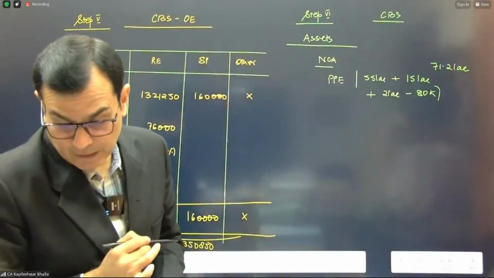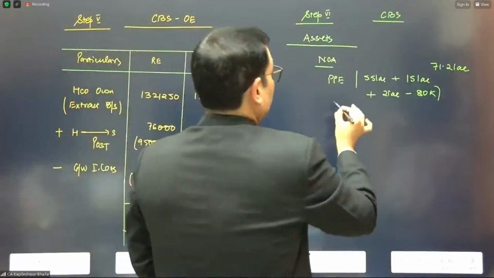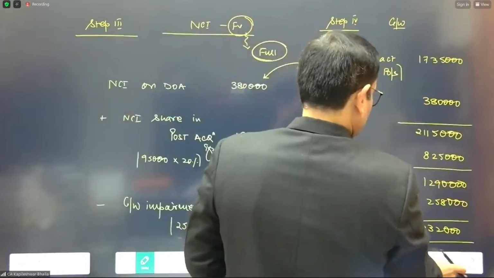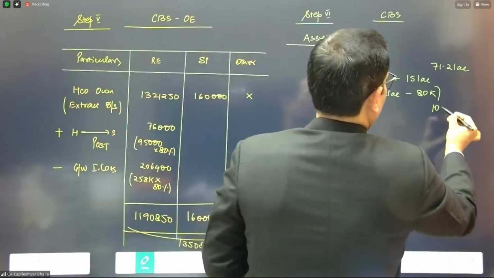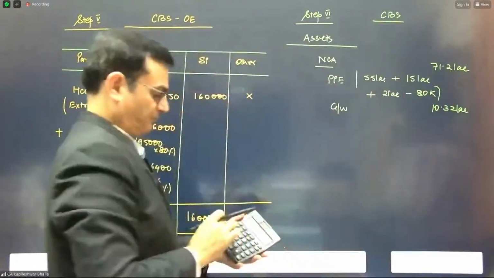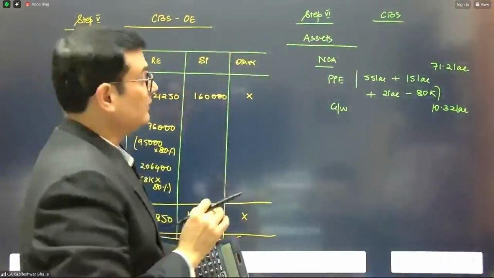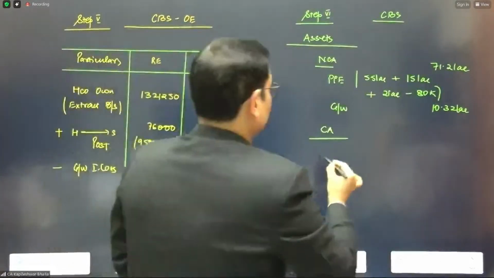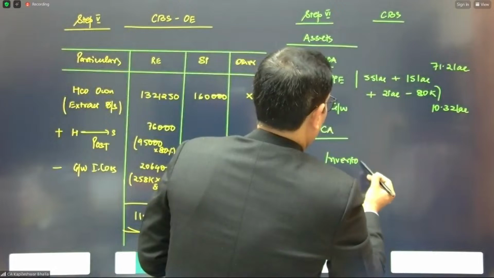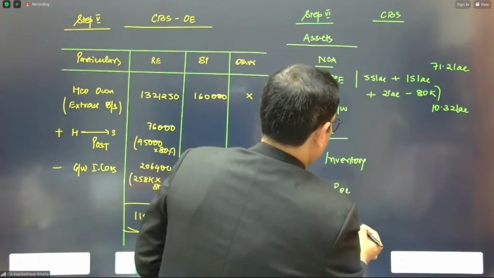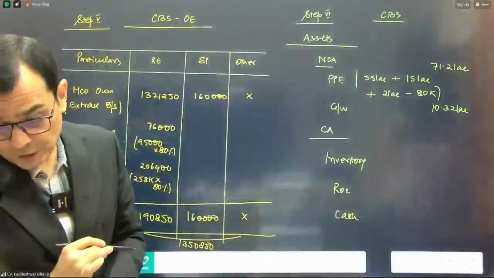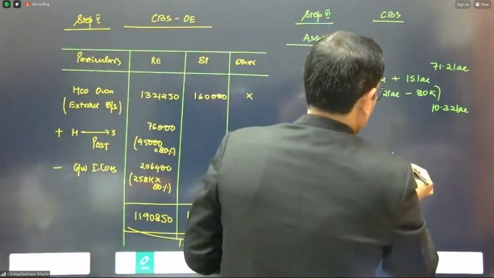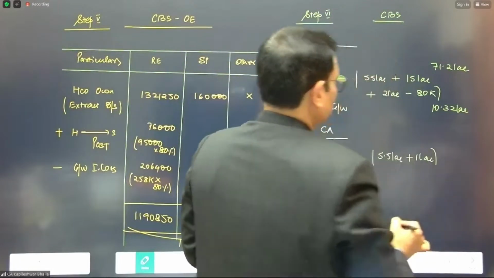The next item is the investments. That would not appear in the balance sheet, but lest we forget, let's consider the goodwill, that is post impairment. So goodwill comes to 10.32 lakhs. Then on the current assets side, we are given inventory, receivables, and cash. Inventory is 5.5 lakhs and 1 lakh, and there are no fair value adjustments.